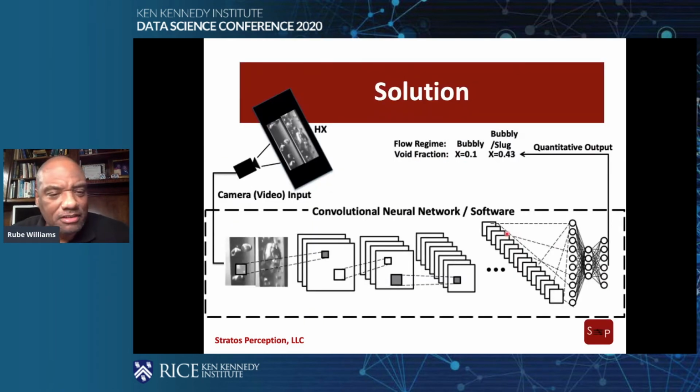So our solution is a convolutional neural network running an object detection algorithm, and it gives us the ability to monitor the flow and track the flow phenomena in high detail. We can get just about any type of detail, lots of different types of phenomena, more than you could even do with a person.